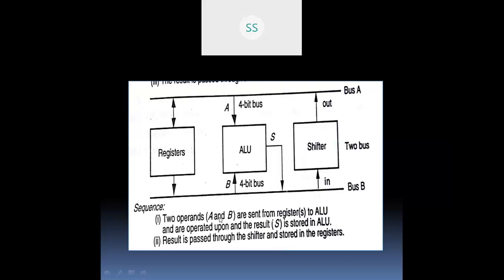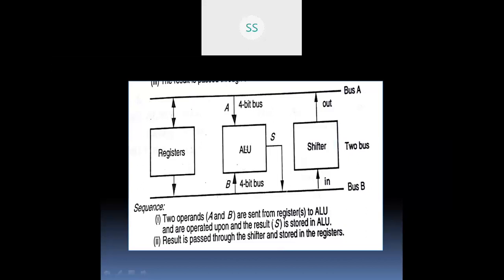Two operands A and B are sent from the registers to the ALU, because this is the block where either addition or multiplication is done. Both A and B are sent to the ALU and operated upon.